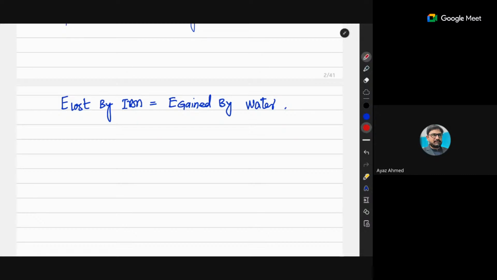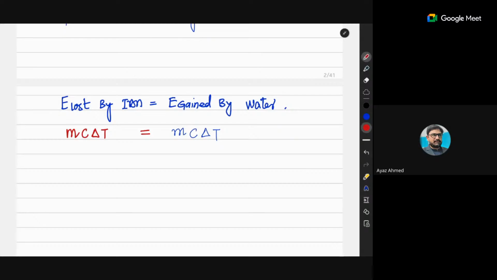So this energy is equal to mcΔT, and this energy is also equal to mcΔT. Why? Because both have a change in temperature. Are you getting my point? None of them has a change in state, so that is mcΔT. This one is for water and this was for iron.